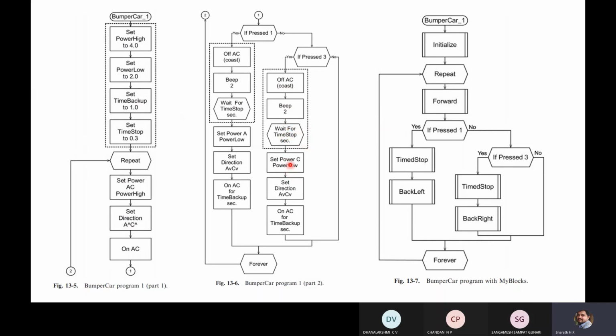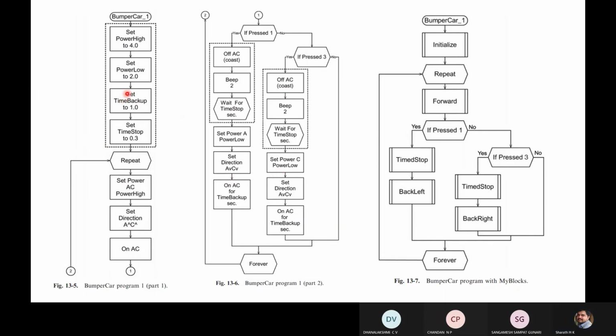Then the power of drive C is reduced, you change the direction, and once again you switch on the motors in order to drive the robot in reverse direction. Like this it will be done.